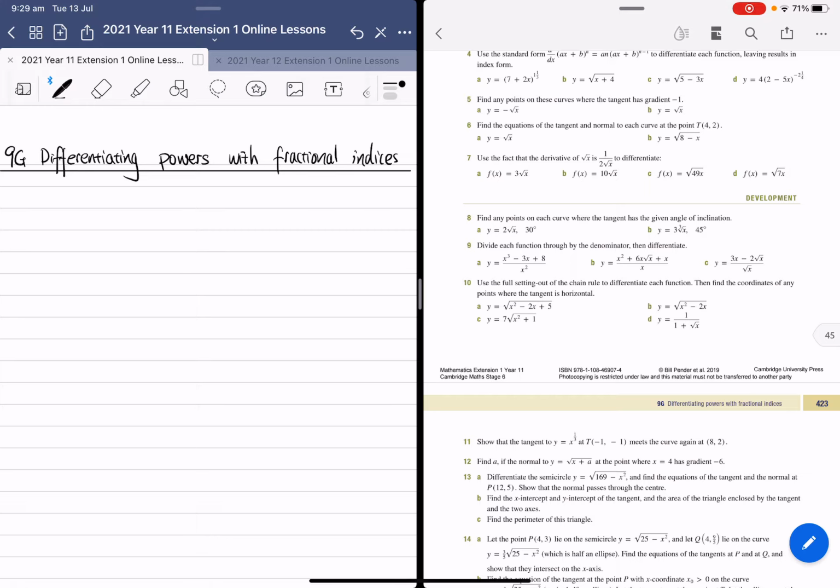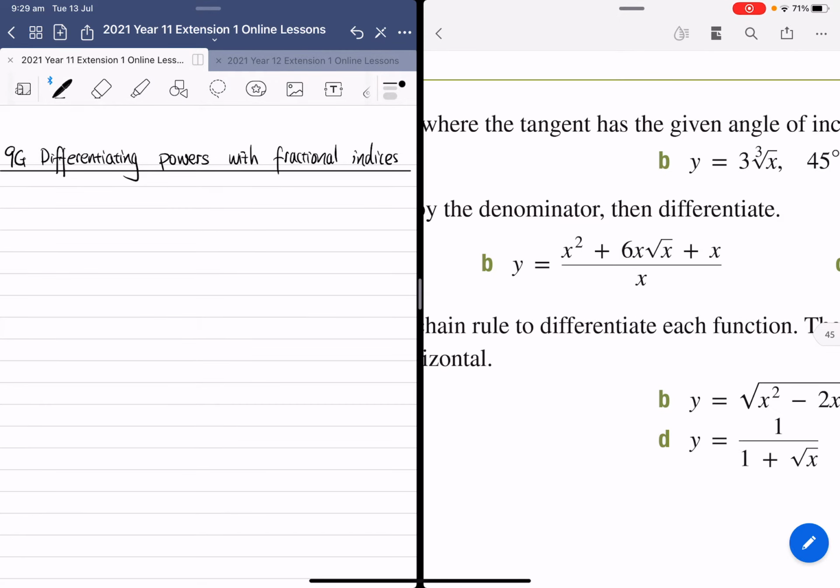So I guess the first question I would like to do is question 9b. According to what the question asks, you divide the numerator by the denominator, then differentiate it. Obviously, these are the steps you need to be able to do when you encounter a question like this.